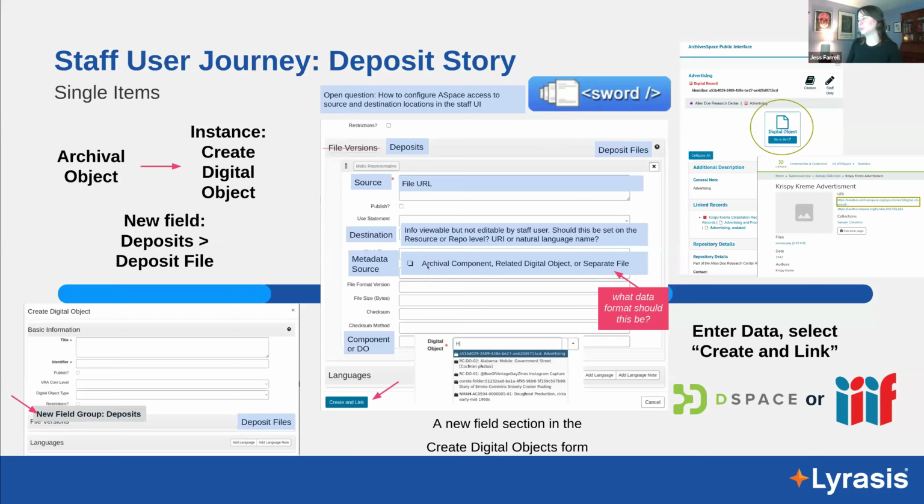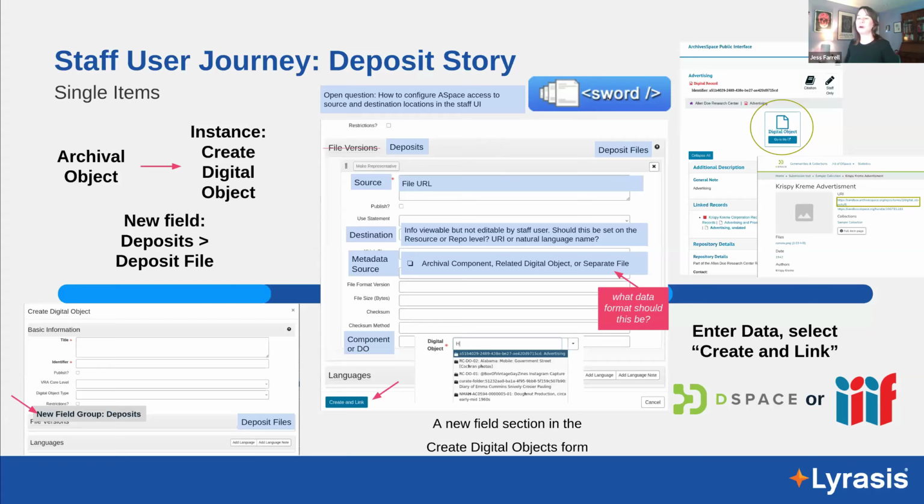It could be metadata from a related digital object that that component is connected to, or it could be, hopefully, a separate file. My question there is, what data format should that file be in? Of course, BagIt is the first thing that comes to mind for me, but thinking maybe more generally than that, I would love to hear what folks think.